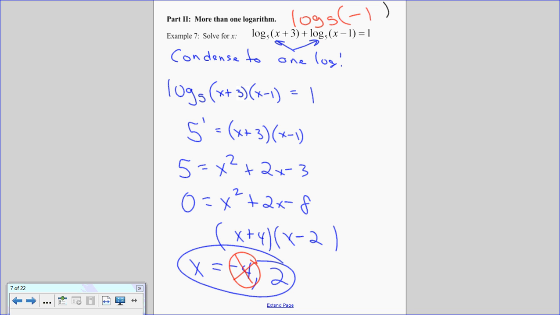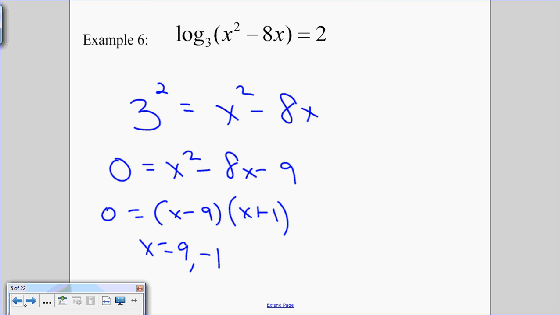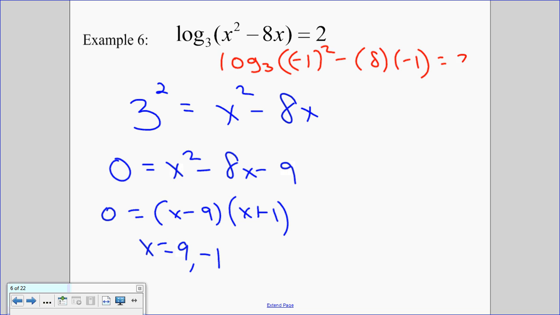Now, just because it's negative doesn't mean it's a gotcha. I just showed you an example, and you can have it in your notes. Negative 1 is not a gotcha. Because when I plug negative 1 into this, log base 3 of negative 1 squared minus 8 times negative 1, I can evaluate that, because that's just log base 3 of 1 plus 8, which is 9.